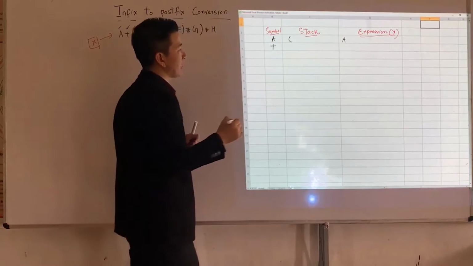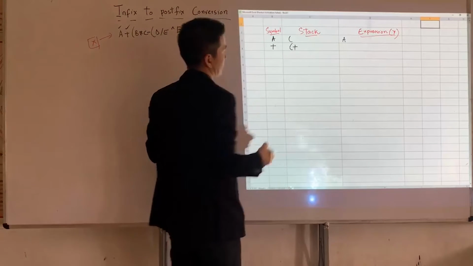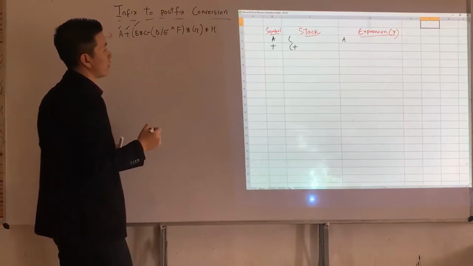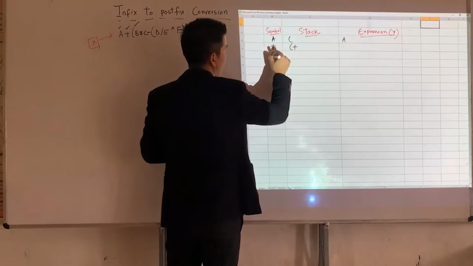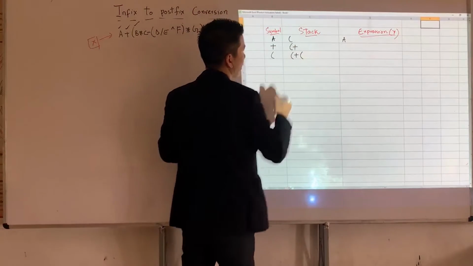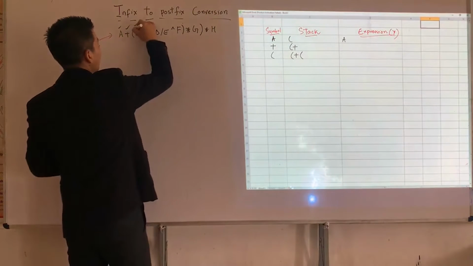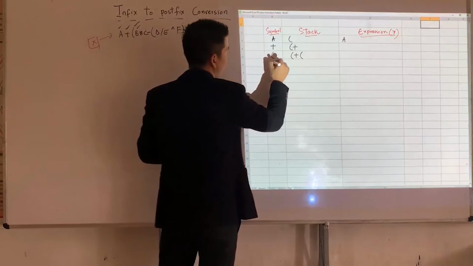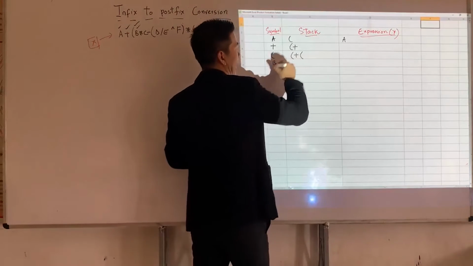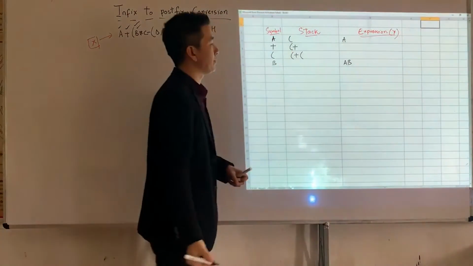And remember, like I said, the operator needs to be pushed onto the stack like this. I'm done with the plus sign. I now have the opening bracket. The opening bracket will have to be pushed onto the stack. And then I have the operand B. Since it's an operand, it needs to be added to the expression. So it will be AB.